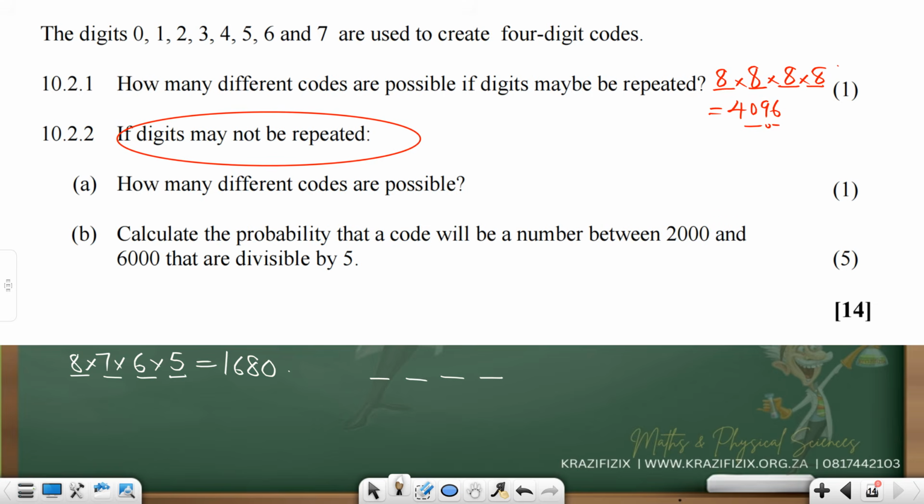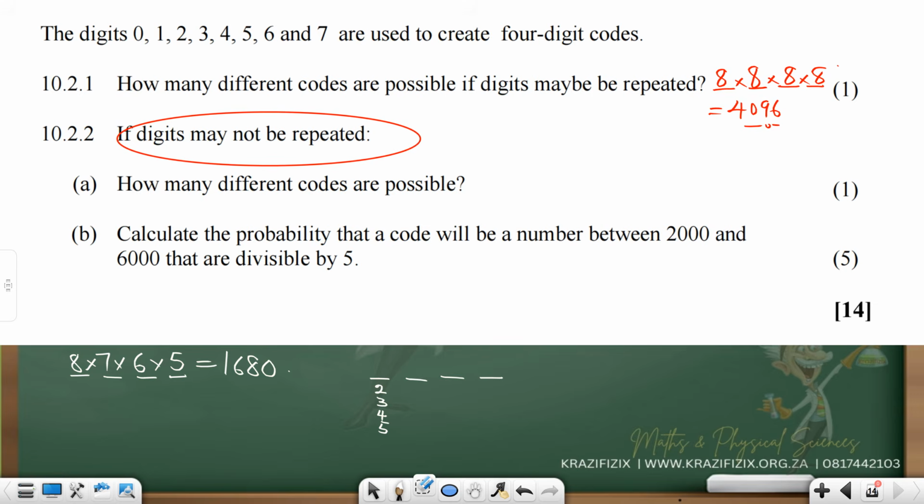So what numbers am I likely to start with? 2, 3, 4, 5, 6, 7. Please watch closely. Oh, no, wait. They said it must be between 2,000 and 6,000, which means I cannot start with a 6 even. Because once I start with a 6, it's greater than 6,000.